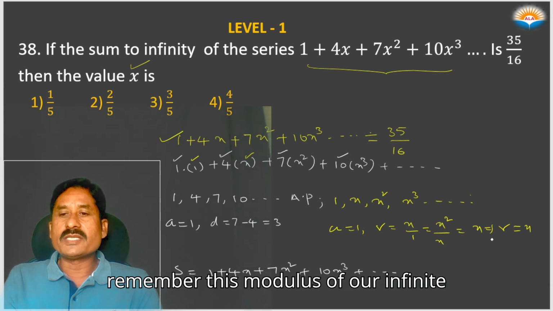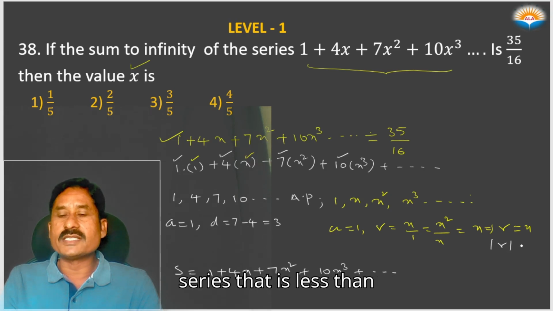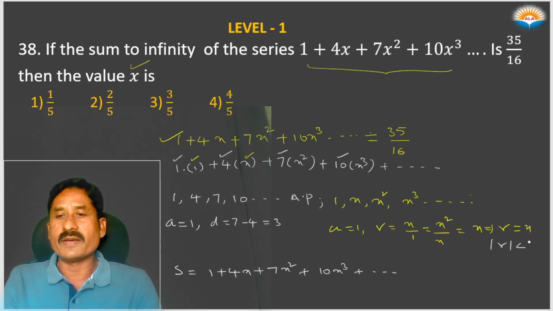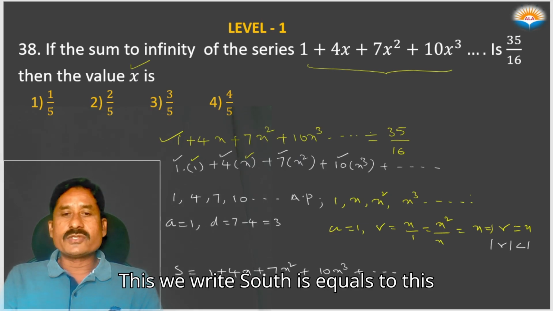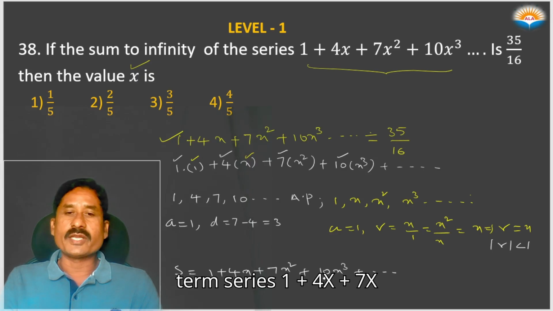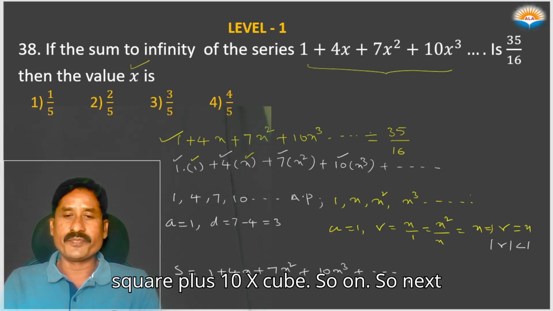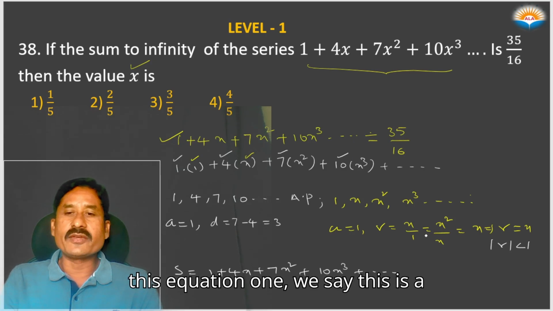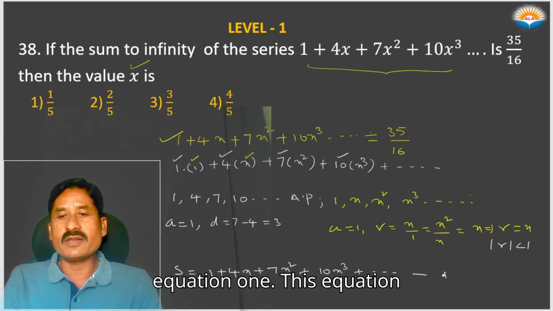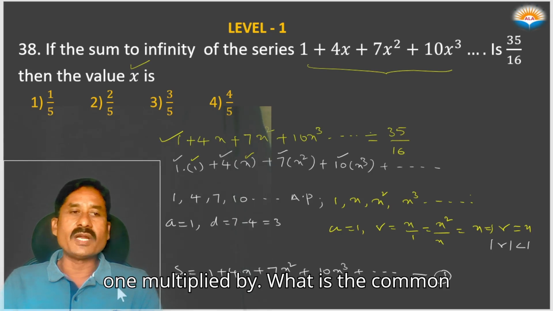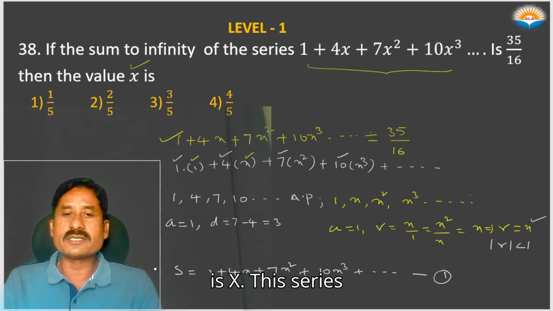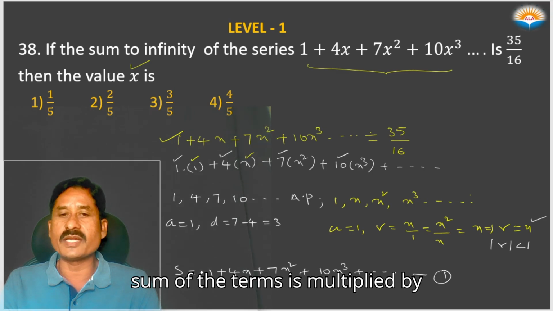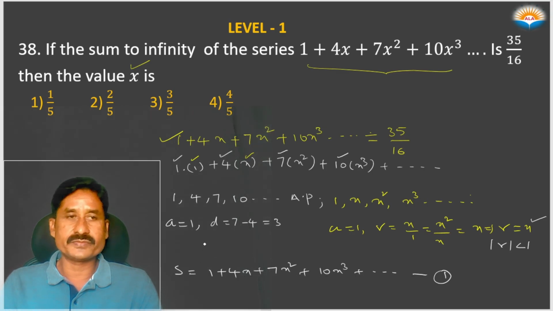Here one thing we remember: the modulus of x for our infinite series is less than 1. We say this is equation 1. This equation 1 is multiplied by the common ratio, which is x. This series sum of the terms is multiplied by x.